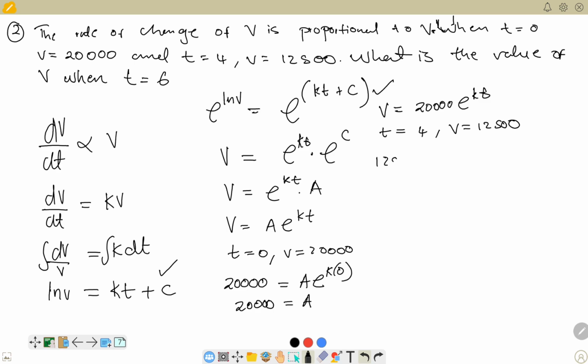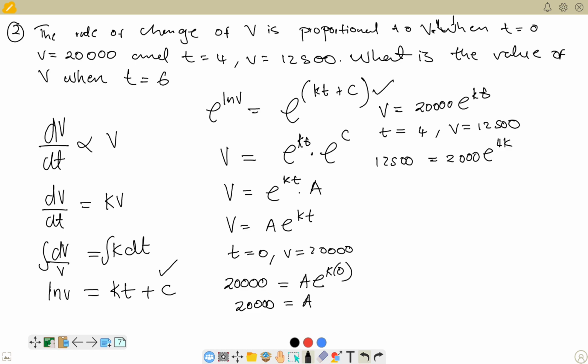So we'll have 12,500 is equal to 20,000 e to the power 4k. When we substitute 4 in the place of t, we get 4k at the top.